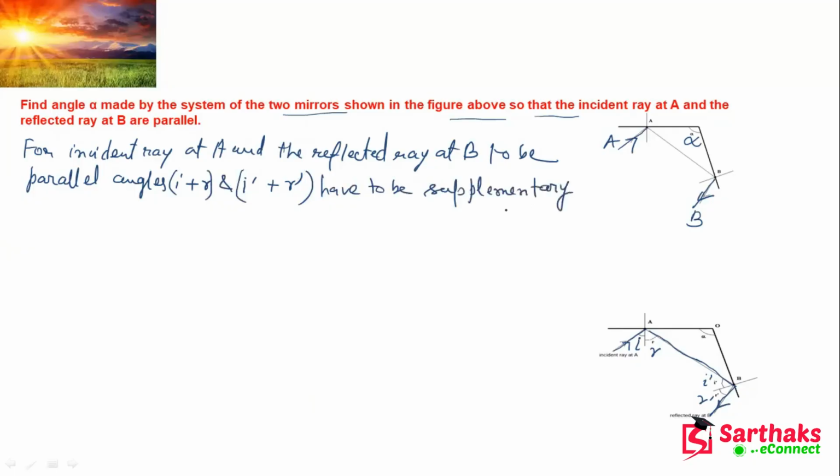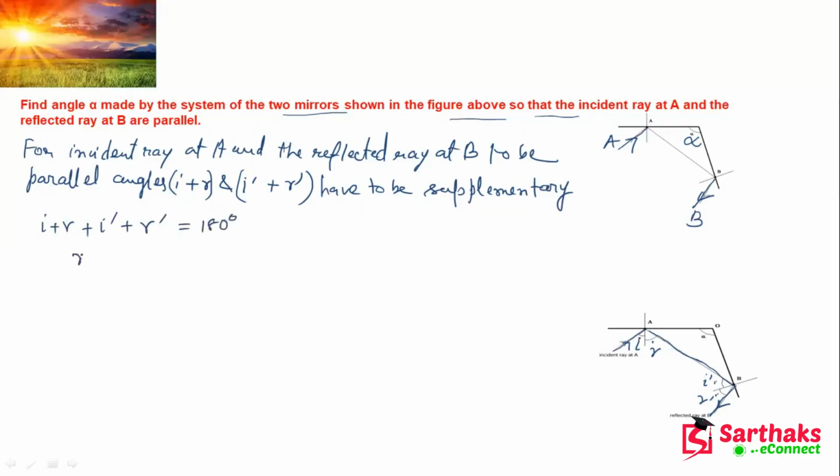That means parallel lines cut by the transversal. So these are the two parallel lines, and this will be the line cutting these two parallel lines. So here you can see that this will be supplementary. So we can write I plus R plus I prime plus R prime equals 180 degrees.